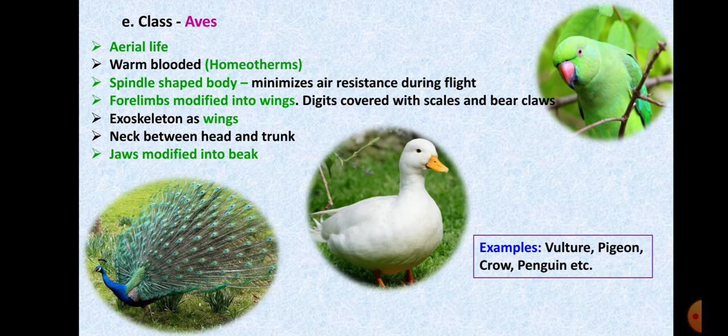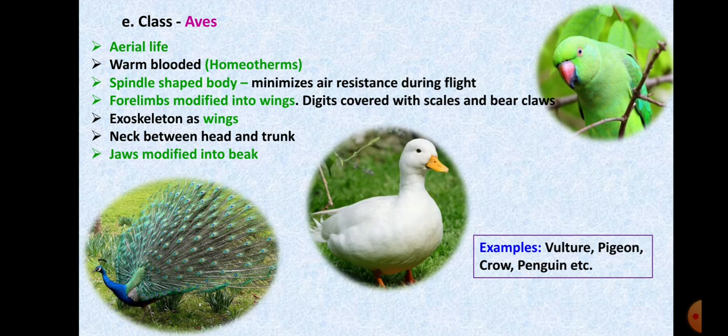Now with the time, when a few of the reptiles might have tried to fly, gradually with time, the next generation of organisms or years later, the new generation might have these limbs modified into wings. The digits here are covered with scales and they have claws. That you might have closely observed, the claws of the birds.